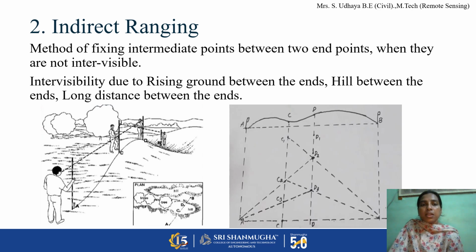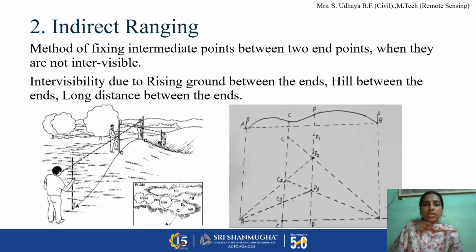As you see in this picture, the lack of intervisibility may be due to rising ground between the ends. A is standing on one side, B on the other, and in between there may be a hill.